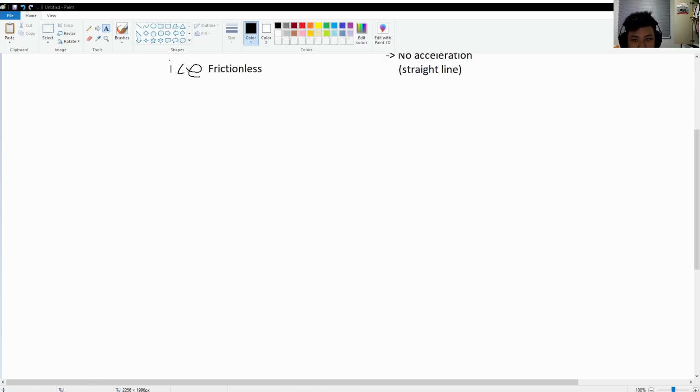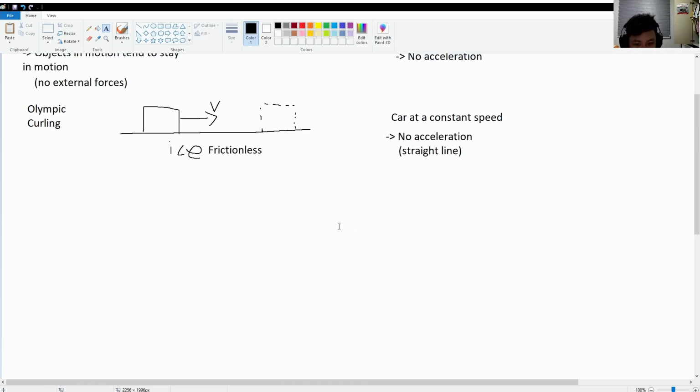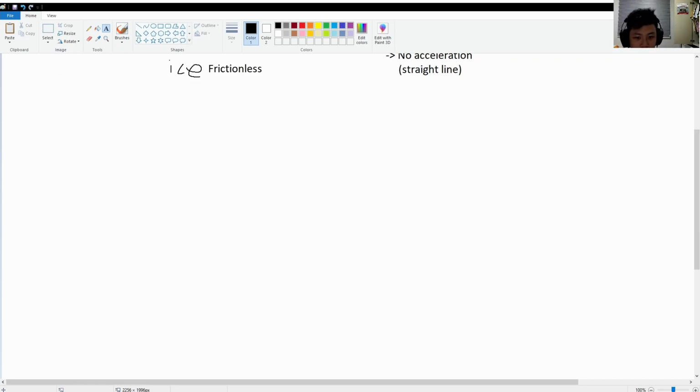Next, I still have an example. It's still about the curling sport. So here we have a block that's sliding along the ice, and let's say that our ice is really frictionless.